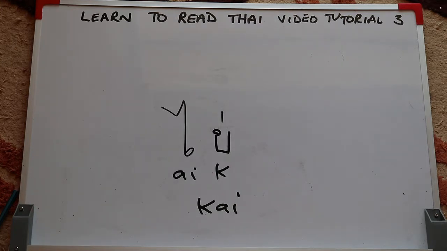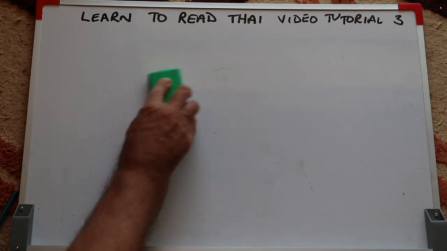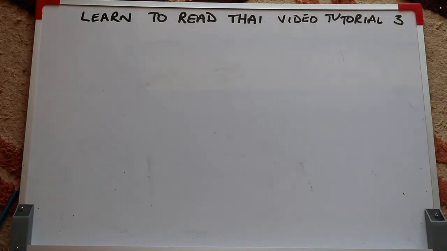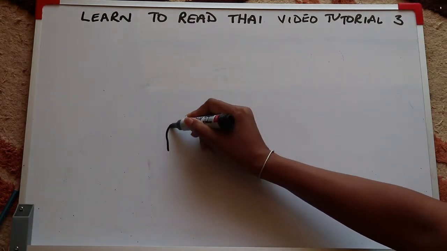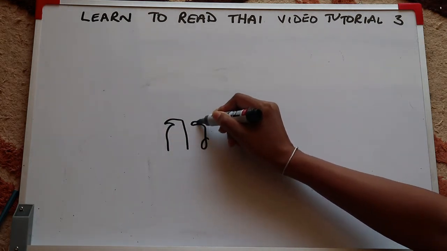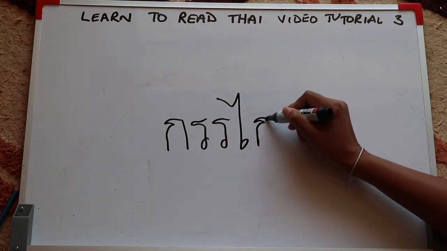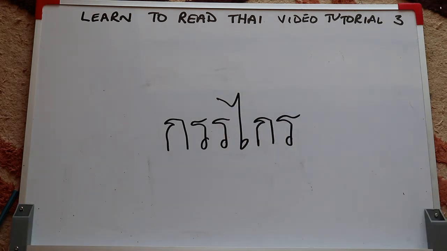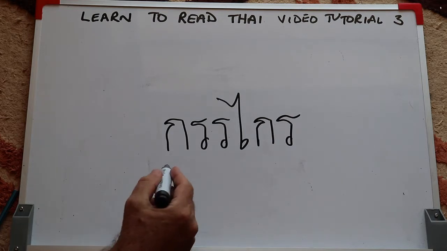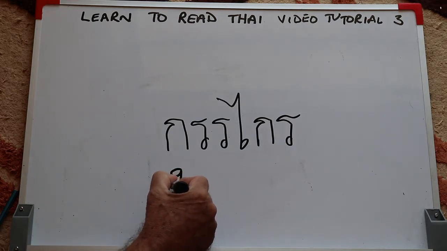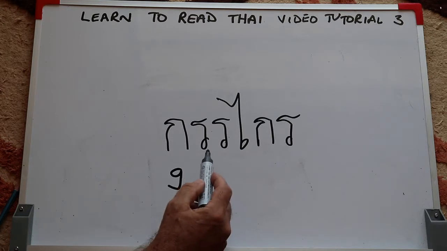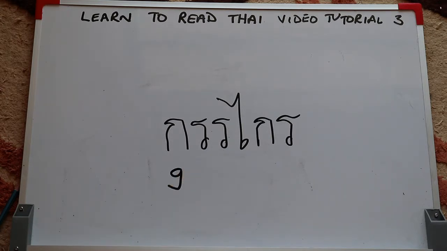Now the next word is a bit more complicated, but it does in fact use all the vowels and consonants that we've done already. There's nothing new here. Okay, so we have the gorgai from the first tutorial, and when I taught Rorua, the R consonant, I did mention that in some cases it's used as a vowel.